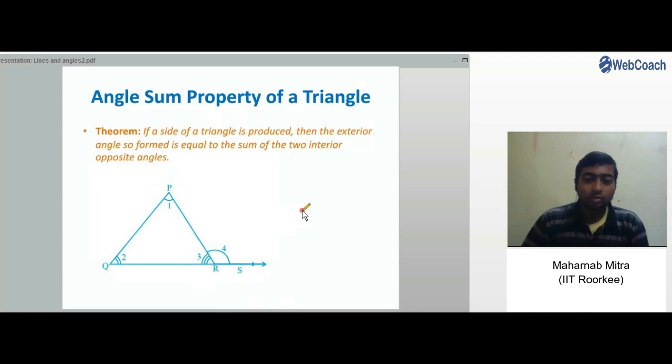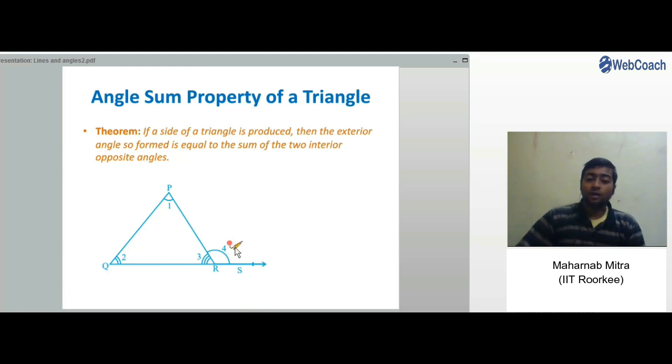So let's look at one more theorem. If a side of a triangle is produced or extended, then the exterior angle so formed is equal to the sum of the two interior opposite angles. Now which are the interior opposite angles? If this is the exterior angle, you can see the side QR has been extended to S, RS is a ray, right?